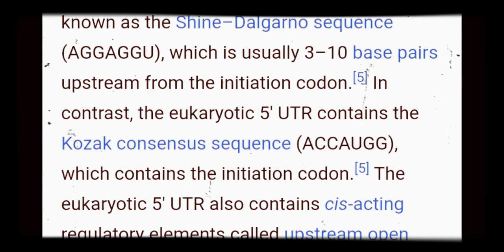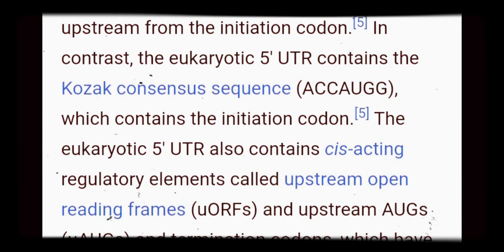In the case of eukaryotes they have a Kozak sequence. Kozak sequences are found within the 5' UTR, including your initiation codon, the main codon of the open reading frame.